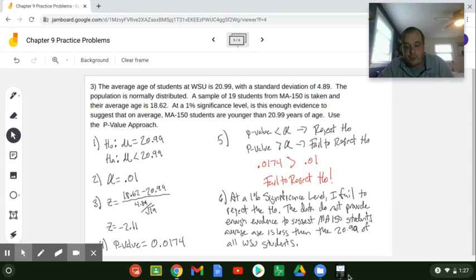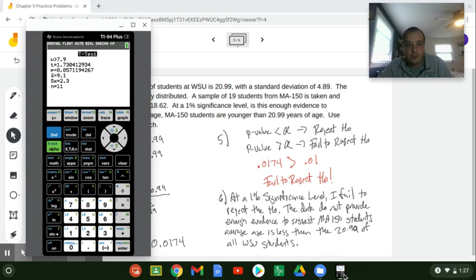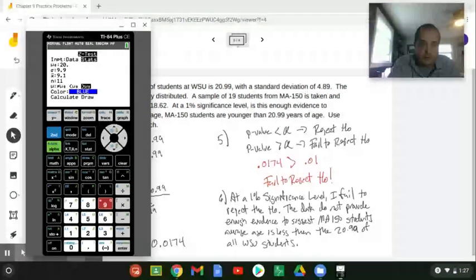Again, we can do this on the calculator too. So I have my calculator right here. Stat over to tests. We said this is a z-test because we know the population standard deviation. So my population mean is 20.99. My population standard deviation is 4.89. The mean I got was 18.62.